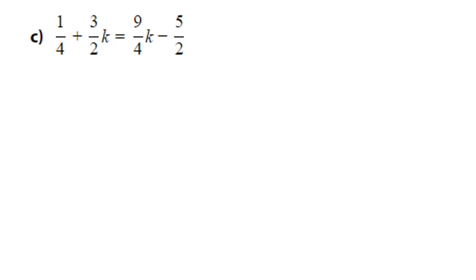So let's get rid of this quarter first. Let's subtract a quarter from each side. So on this side I'll end up with 3 halves k is equal to 9 quarters k, and then I have negative 5 halves minus a quarter, and that gives me negative 2 3/4.